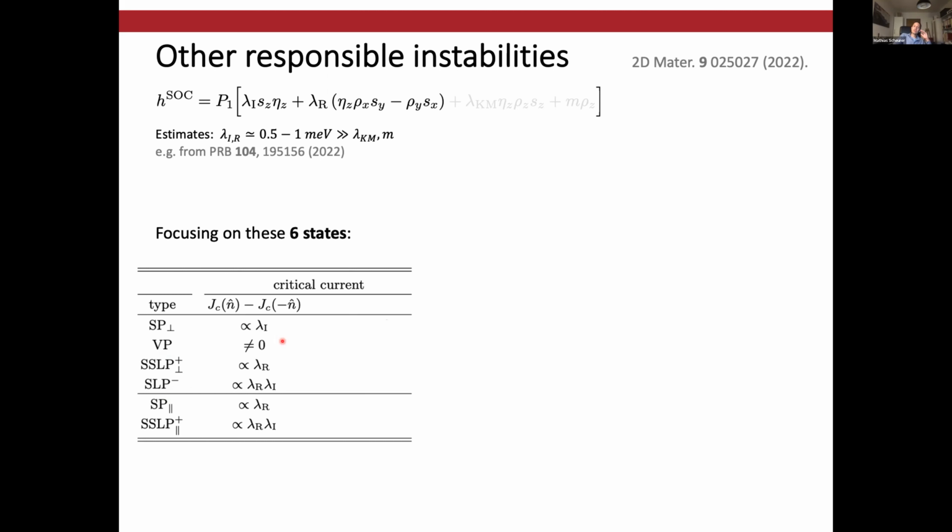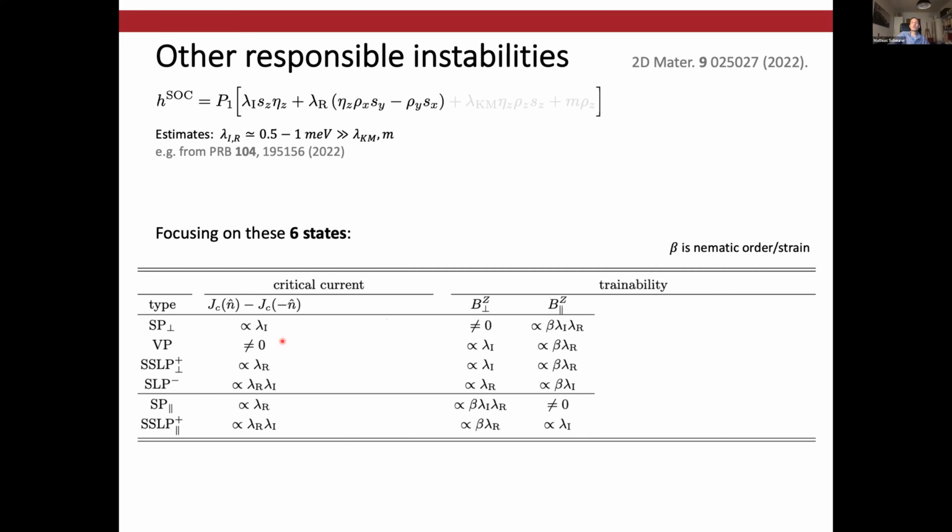Now, another important constraint is trainability. And remember, it's easily trainable by an out-of-plane field, but not by an in-plane field. You can work out the trainability for all of these orders. It's shown here, first for the Zeeman field, out-of-plane and in-plane, and beta here refers to the breaking of C3z symmetry, threefold rotational symmetry, associated with either nematic order or strain.